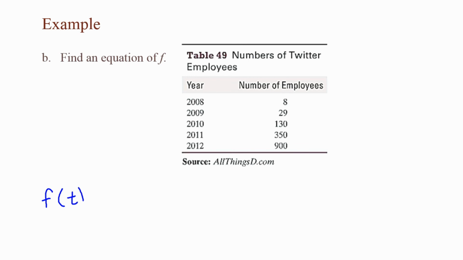f of t equals 0.1829 parenthesis 3.5236 to the t power. I can check my equation by graphing this function onto my scatter plot.